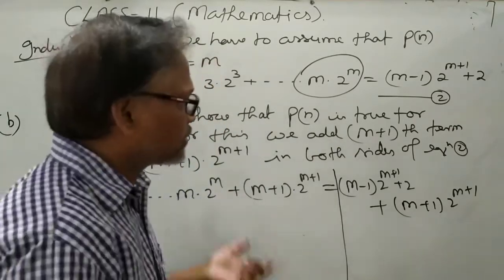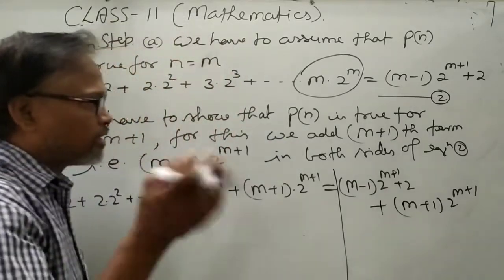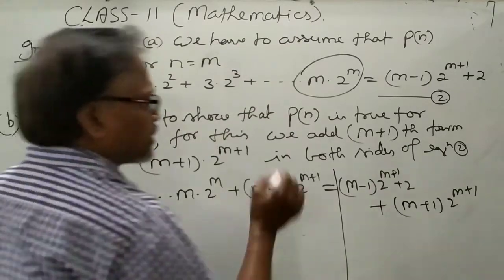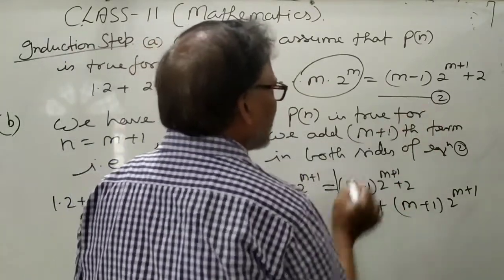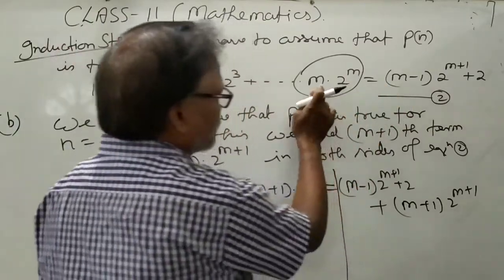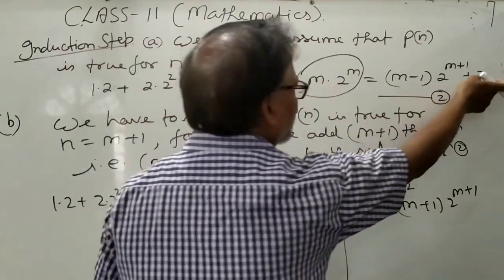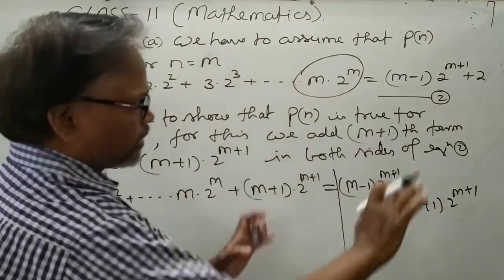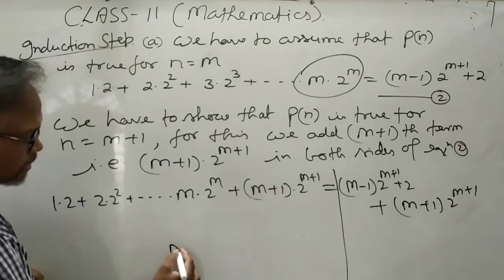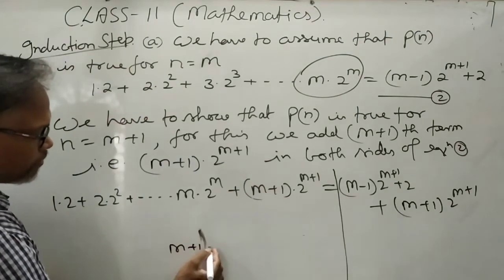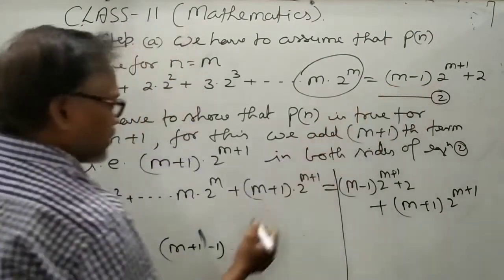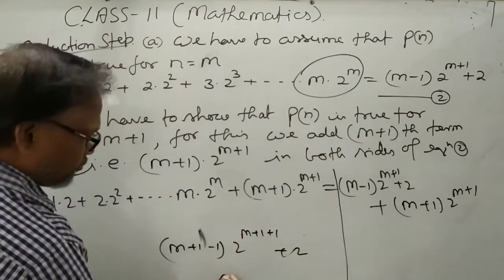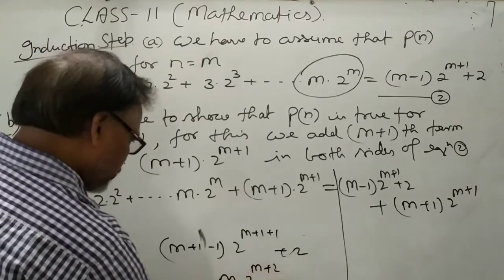As I told in the earlier video, you have to show what this simplified form should be. Like on the left hand side we put m plus 1, now put m plus 1 in the right hand side, maybe in rough on the side. What will you get? (m plus 1 minus 1)·2 to the power (m plus 1 plus 1) plus 2, that is m·2 to the power (m plus 2) plus 2.